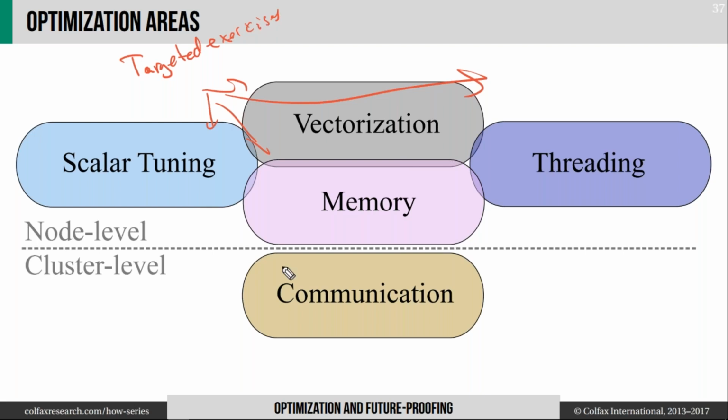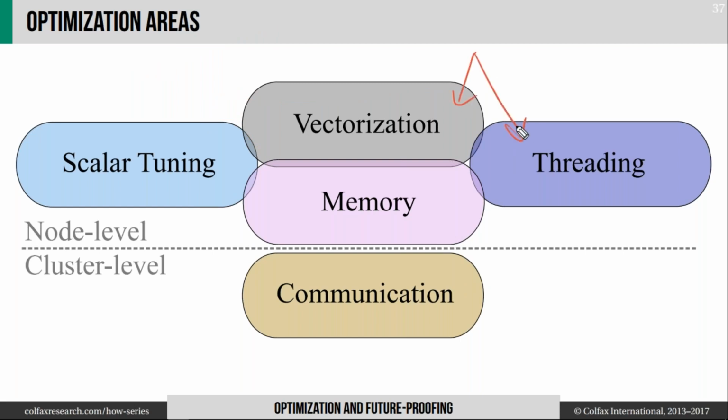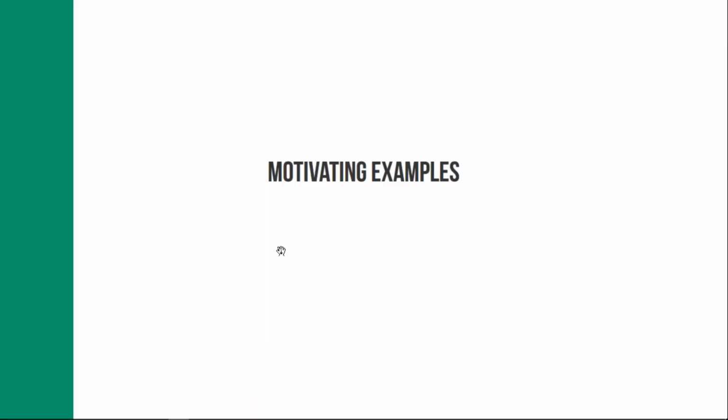And we will have focus sessions on each of these areas in the second week. This week, we are going to lay the groundwork for that by studying how to vectorize the code and how to express multithreading and network traffic.